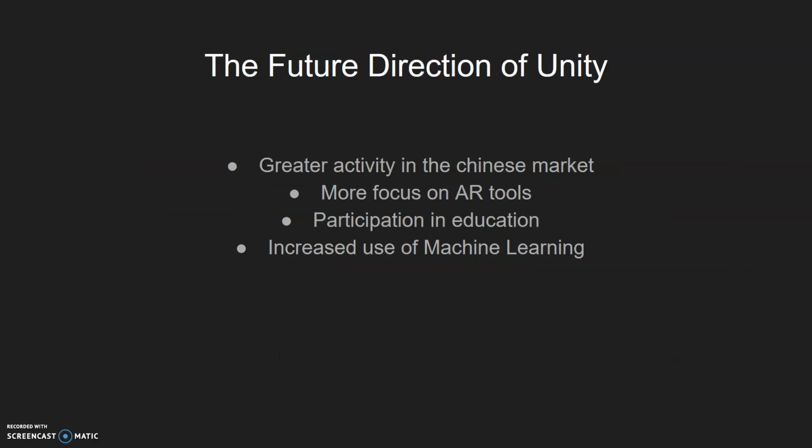So, future direction of Unity. I mean, basically, they continue doing what they're doing and they're golden. But lately, their focus seems to be they're getting a little bit more business in the Chinese market. They're pushing in that direction a little bit. There are a lot of actual Unity developers who work in China.